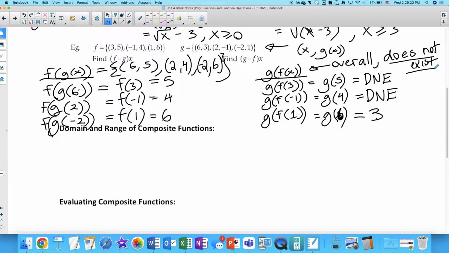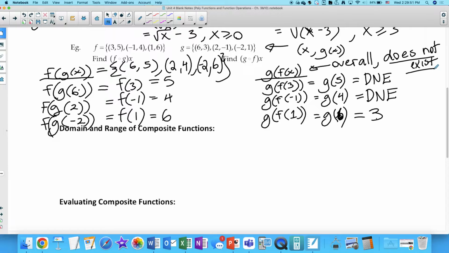Okay, and in general, when you are looking at a composite function, essentially, if you think about f of g of x, you are inputting the range of one function into the domain of another. It'll only work if the entire range of that function is within the domain of the outer function.